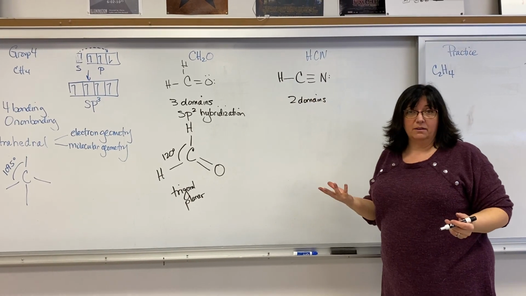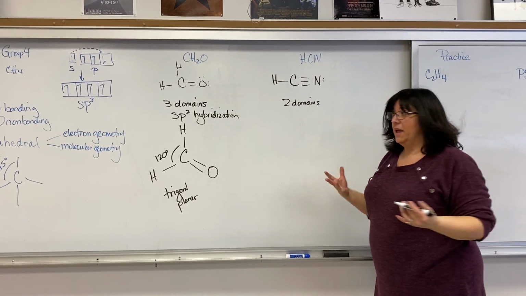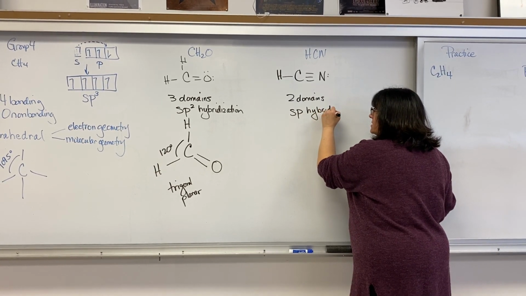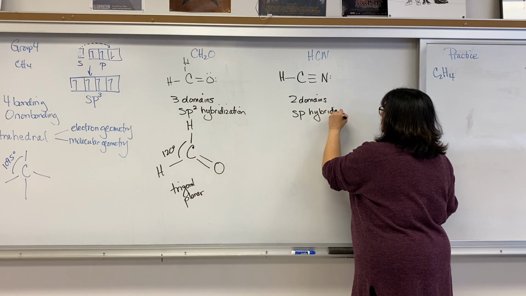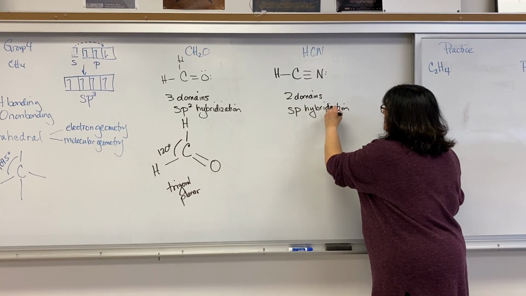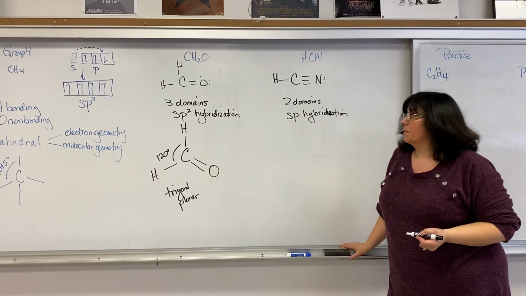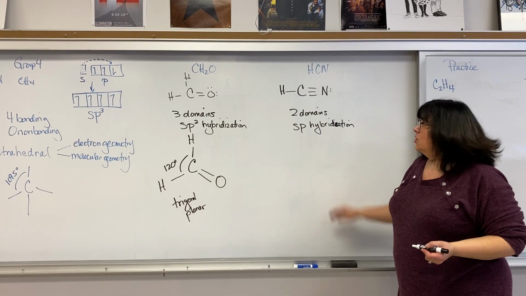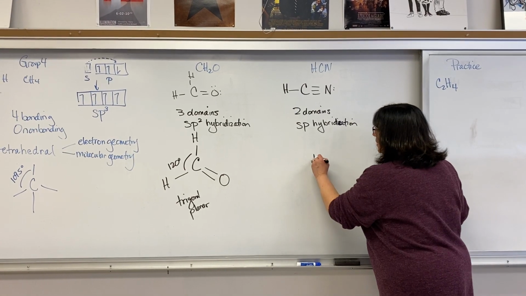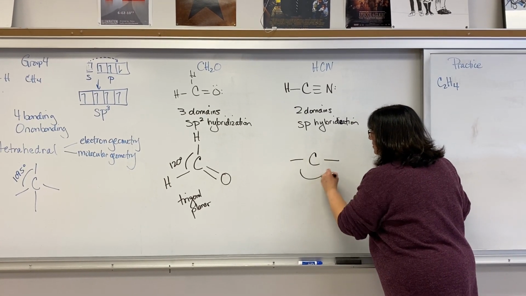Both of them are bonding. 2 domains is sp hybridization. Sorry, that's a Z. Got a little ahead of myself on the spelling. Okay, so 2 domains, sp hybridization. How far apart are those 2 things going to spread? 180 degrees.